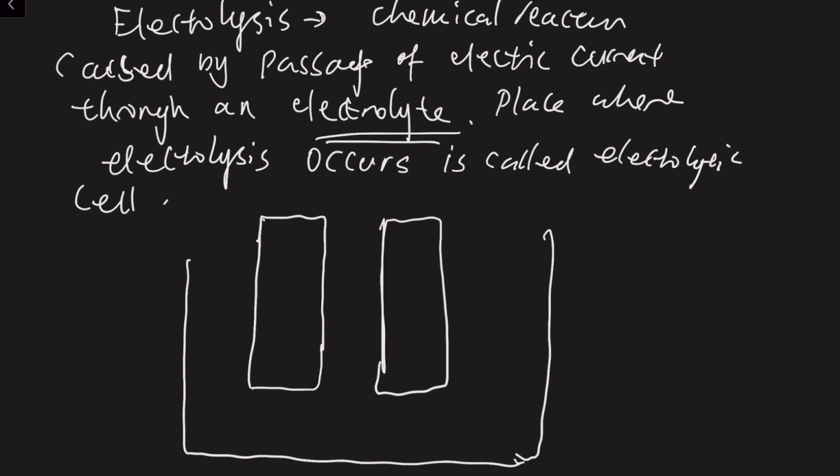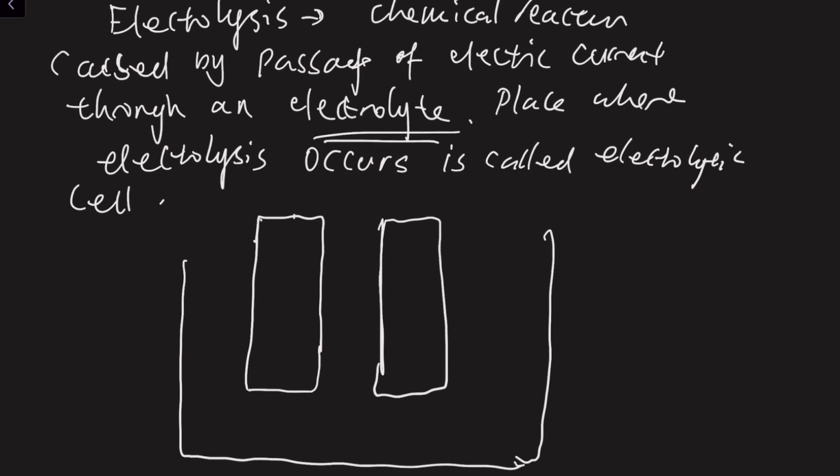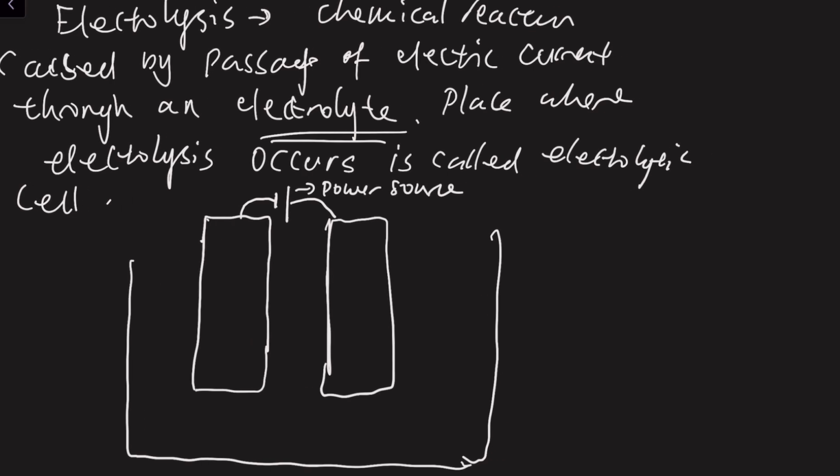So we still have 2 electrodes. And we also have something like this. This is the power source. The long bar is the positive terminal of the power source. The short bar is the negative terminal.